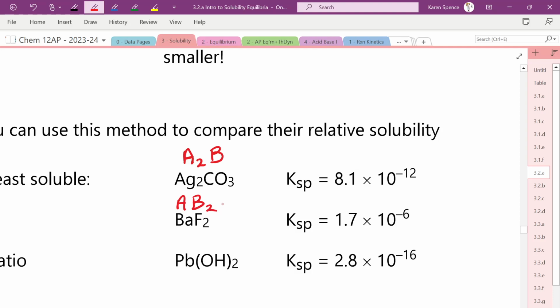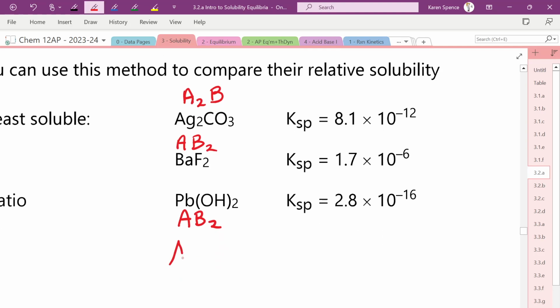It doesn't matter whether it's 2:1 or 1:2. It all works out the same in the math. And this last one we have AB2. So they all have a 2:1 ratio.